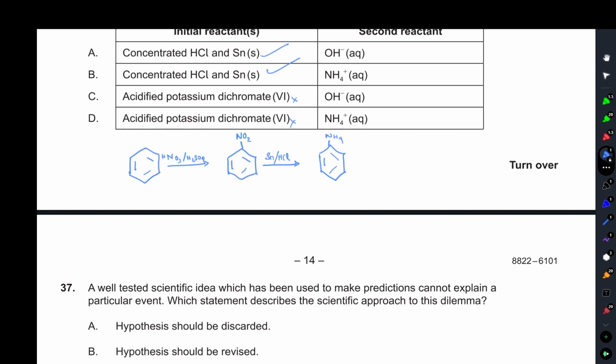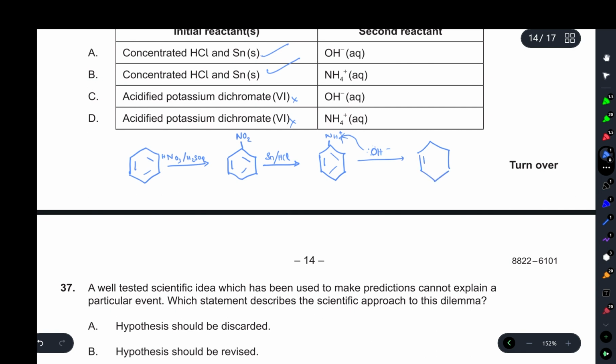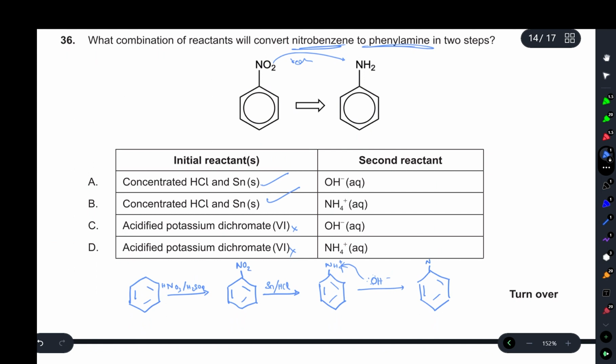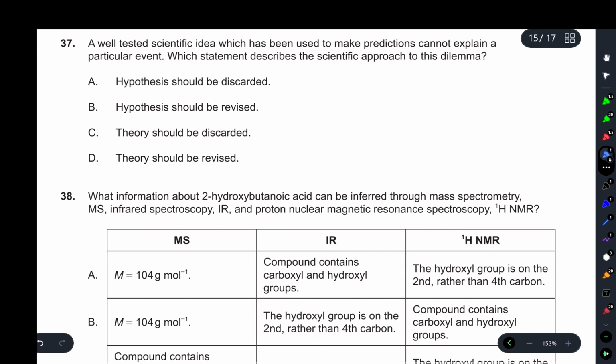So this NH3+ is positively charged, so that means it's unstable. Now, upon the addition of a base, OH minus, it grabs this extra hydrogen and converts it to phenylamine, NH2. So therefore, your second reagent is this OH minus. Option A is the correct answer.